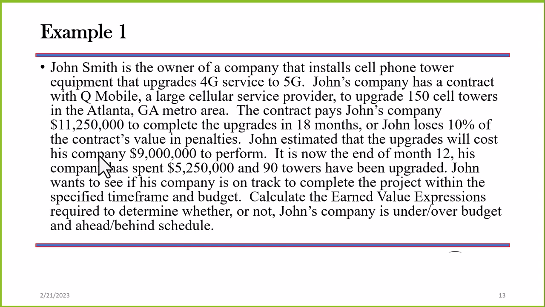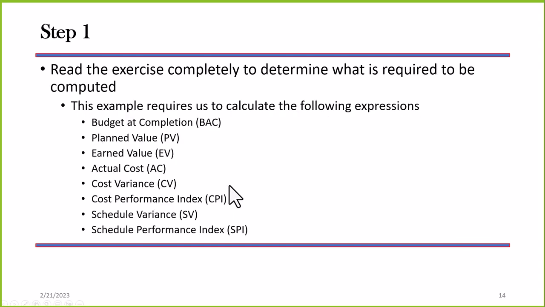So if we go to the second step of the chart that we talked about, the next thing we will do is to select what we're going to calculate. What do we need to understand for this particular project? And we're going to create a chart based on that. So we're going to calculate budget at completion, BAC.